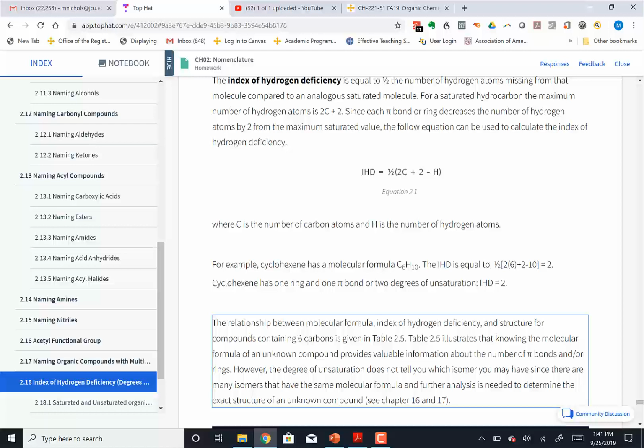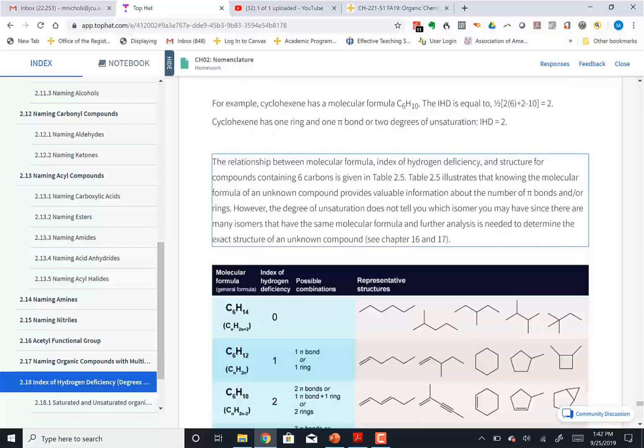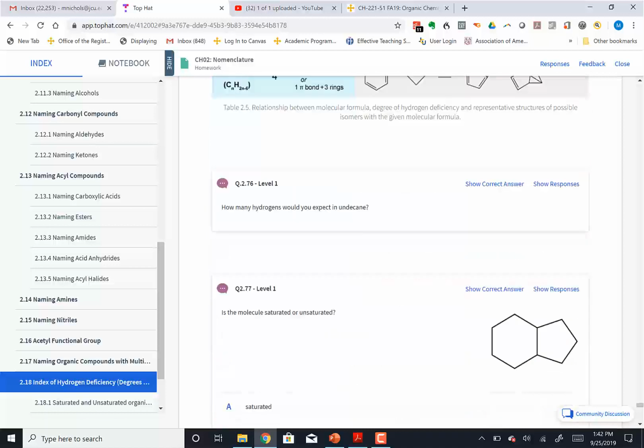So this is the equation that they had: 1/2 times the parentheses of 2 times carbons plus 2 minus hydrogens. If you multiply everything by 2 there, you get my equation. So it's the same equation. And sadly, they don't even have the halogens in there. There's another form for nitrogens, but I think they have it lower.